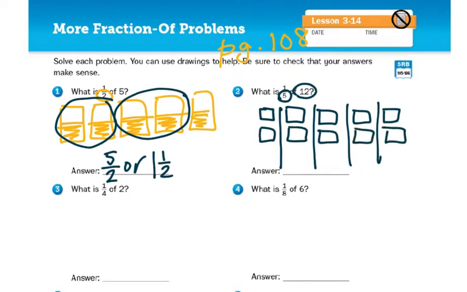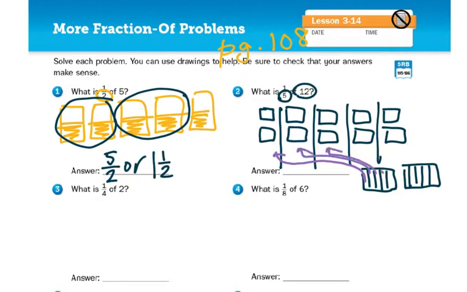Now here's where I cannot put another square into each of those 5 equal groups. So I have to take my last 2 squares and divide them into fifths. 1, 2, 3, 4, 5. I'm going to put 1 here, 1 here, 1 here, 1 here, and do the same with that one.